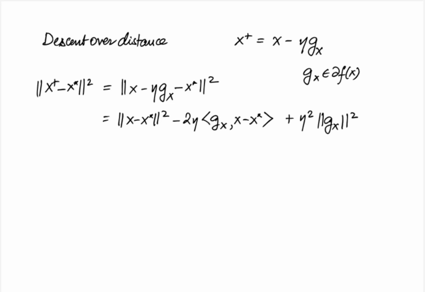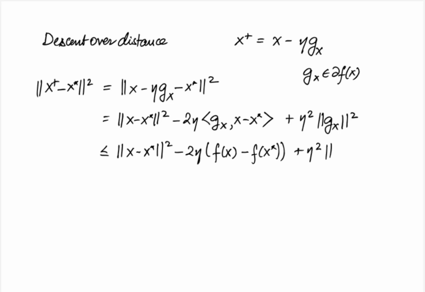Then using the subgradient definition, we have that norm square of x plus minus x star is less than or equal to norm square of x minus x star minus 2 eta times f of x minus f of x star plus eta square norm square of gx.